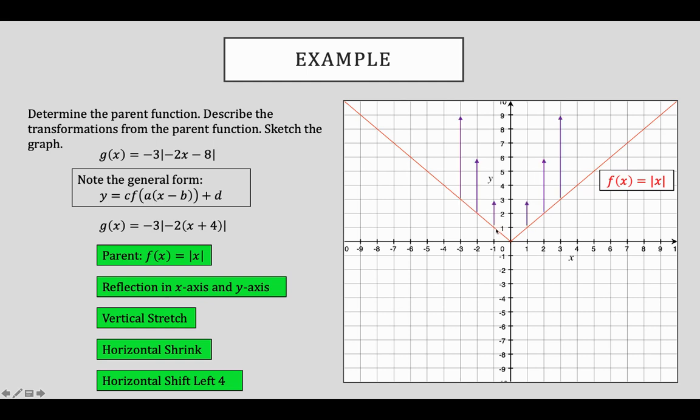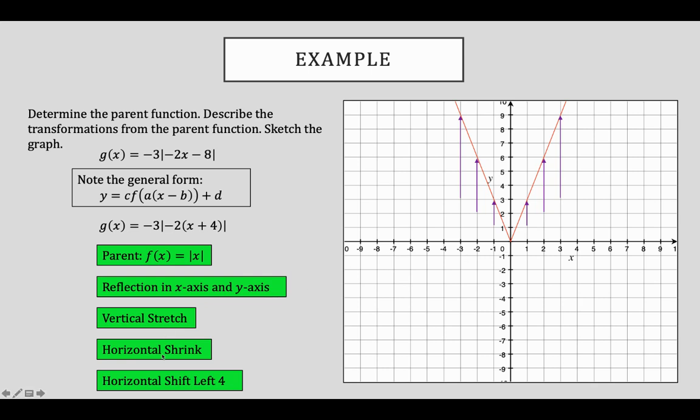So in other words, this y value that was at y equals 1 is going to come to y equals 3. This y value that was at y equals 2 is going to get bumped up to y equals 6. This one that was at y equals 3 will get bumped up to y equals 9. Same thing on the other side of our absolute value function. Notice that this point here at 0, 0 doesn't move because the y value 0 times 3 still gives us 0. So there is our vertical stretch.